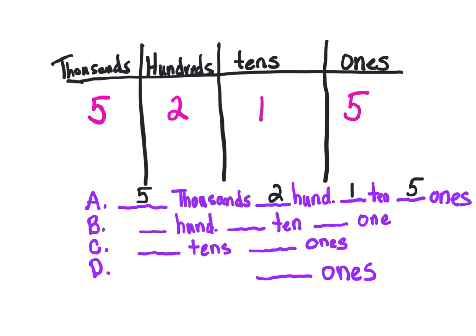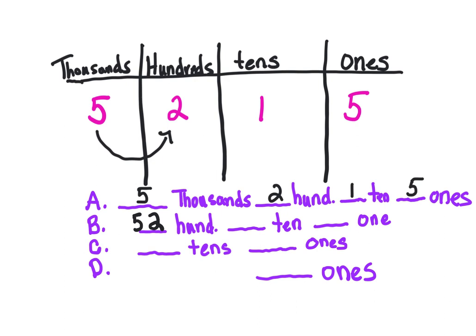Well, there's going to be 52 hundreds. This is going to go to the hundreds now, and it's going to become 52 hundreds, because if you multiply 52 times 100, you're going to get 5,200.